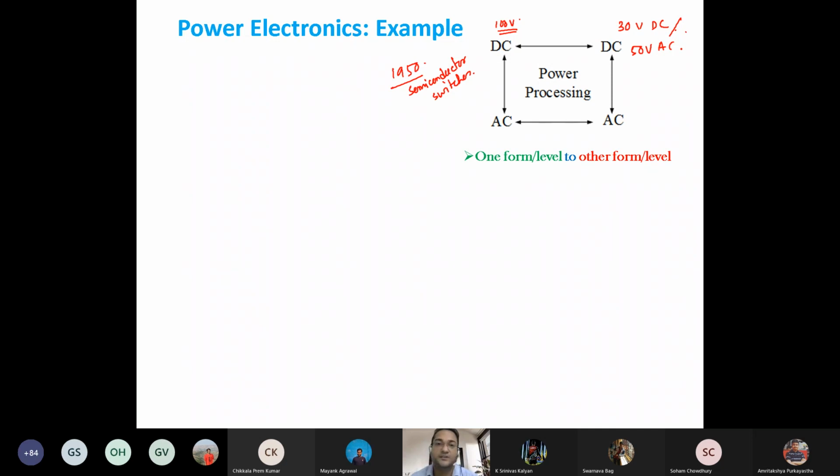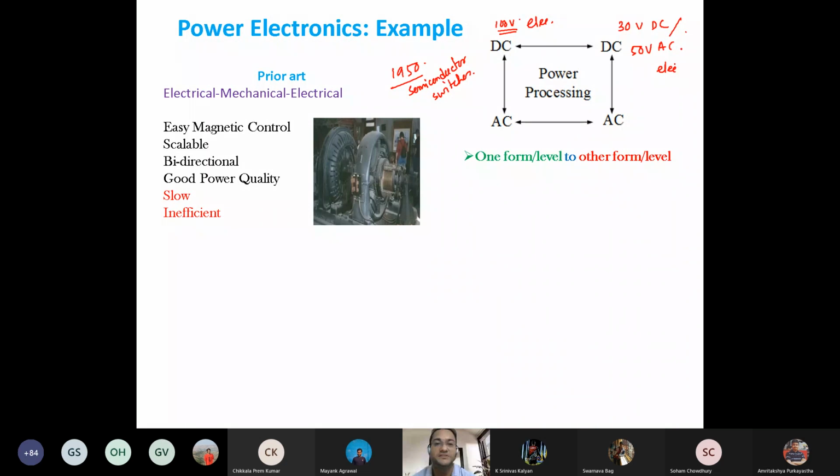Before power electronic systems, one of the solutions to handle this was to first convert this electrical energy. Here you see both of them are electrical, right? So first you convert electrical energy to mechanical energy. How? Simply use a motor.